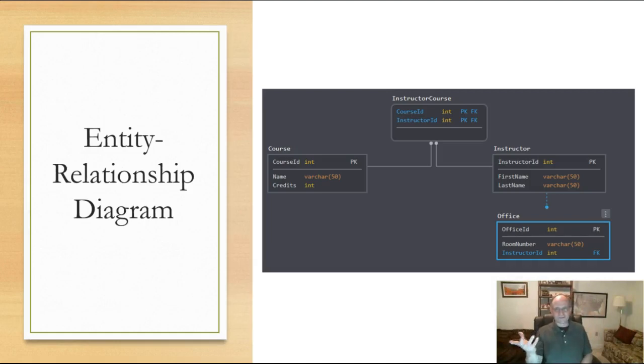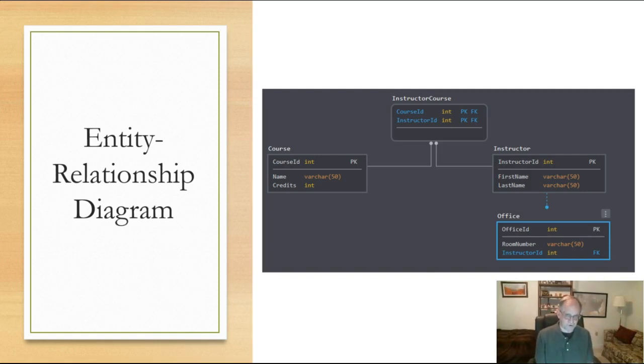All right, so now we have entities, we have relationships. We now have something called an ERD, an Entity Relationship Diagram. We'll have a whole other lesson on how to build entity relationship diagrams. I'm just throwing this out to you now so you can see how this fits together. We have entities here for course, instructor, office.